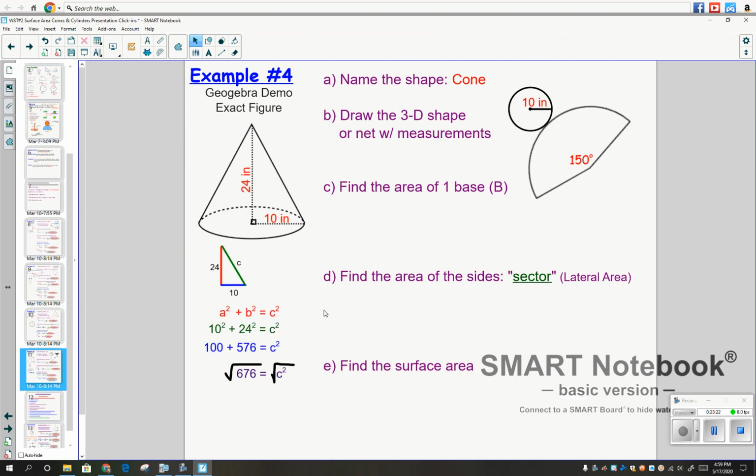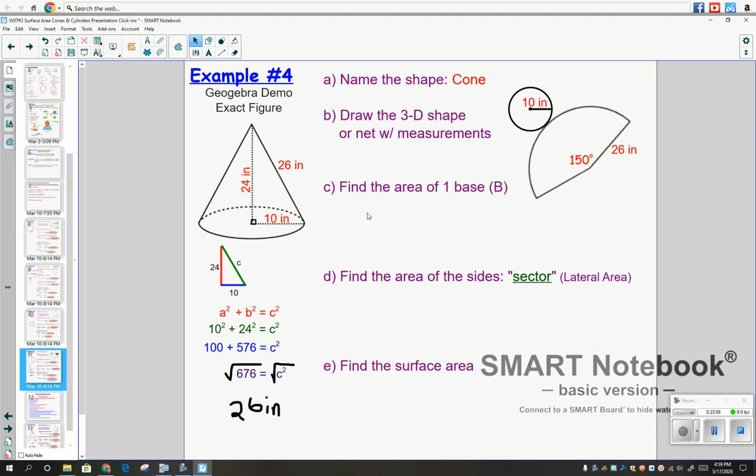A squared plus b squared equals c squared. A and b are 10 and 24, so 10 squared plus 24 squared, which is 676, equals c squared. Take the square root. And I did not type the answer in there, but the answer is 26 inches, or c equals 26, which I do have up in the figures here, 26 inches.